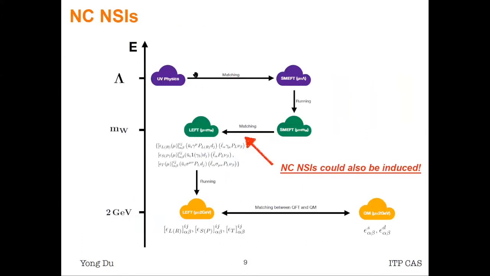Okay, now let me move on to the neutral current NSIs. Last time when I showed this plot, I mentioned that the charged current NSI could be induced by some UV physics after you perform matching and running, shown here. However, at this point, you could also have some neutral current NSI from some UV physics.